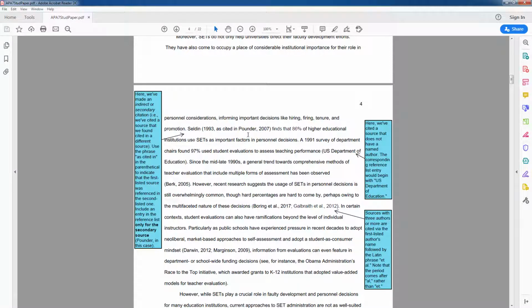Here we've made an indirect secondary citation.